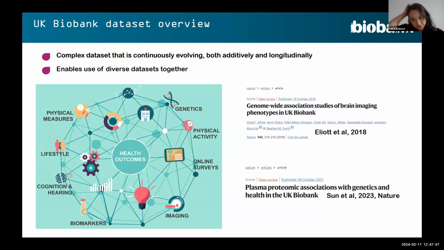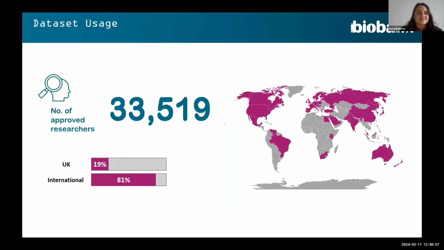The one at the bottom uses the proteomics data set that I mentioned earlier. And again, that looks at association between protein levels and genetic variation as well. So again, the type of data set, the type of studies that can only be undertaken with really comprehensive data sets like ourselves. So obviously, having such diverse data does provide quite a lot of challenges.